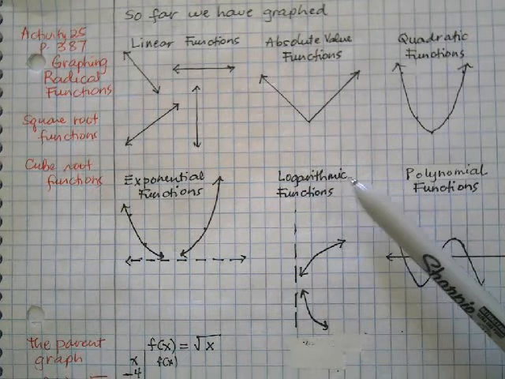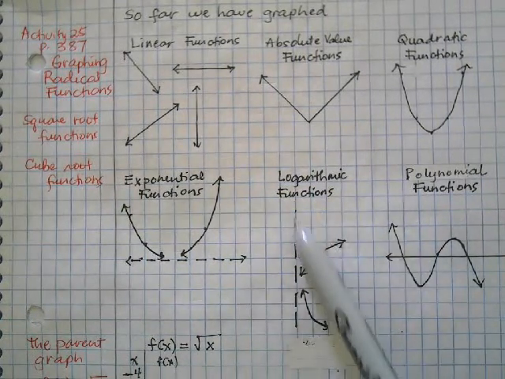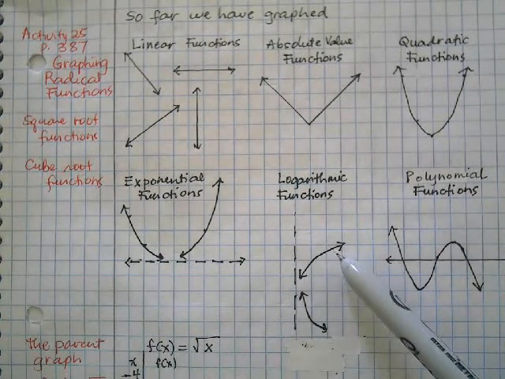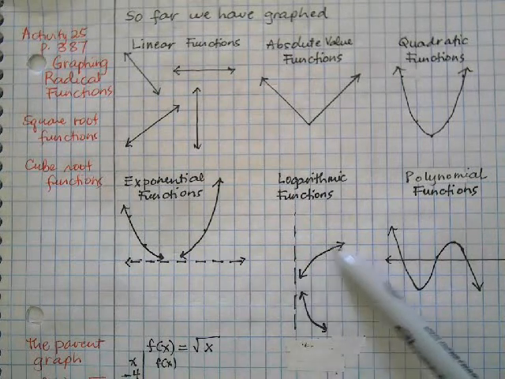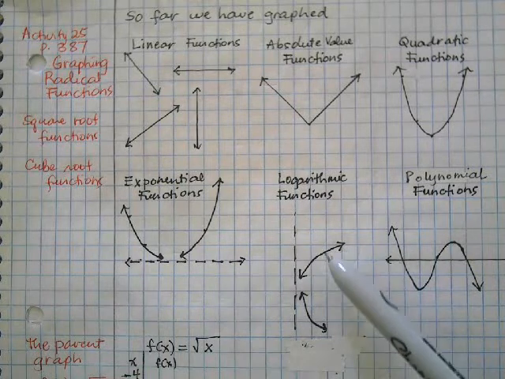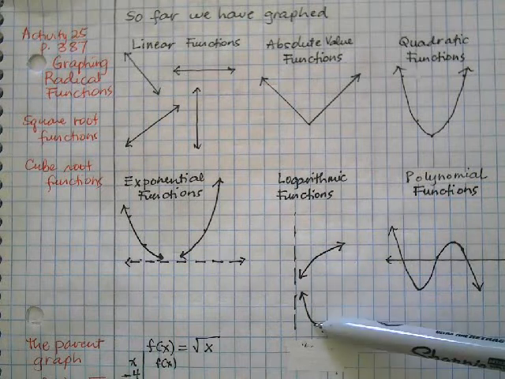Now, the last topic was logarithmic functions. So you know that there is a vertical asymptote, and if your base is bigger than 1, it's shaped like this. If the base is smaller than 1 but greater than 0, it is like this.